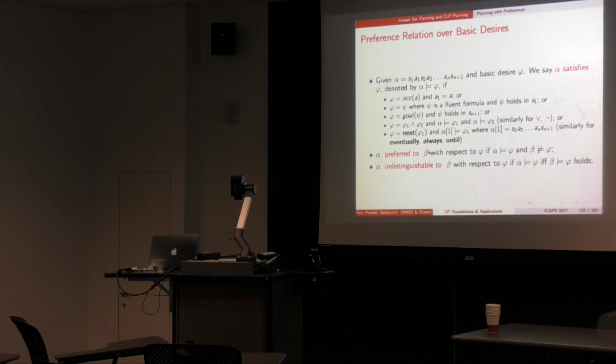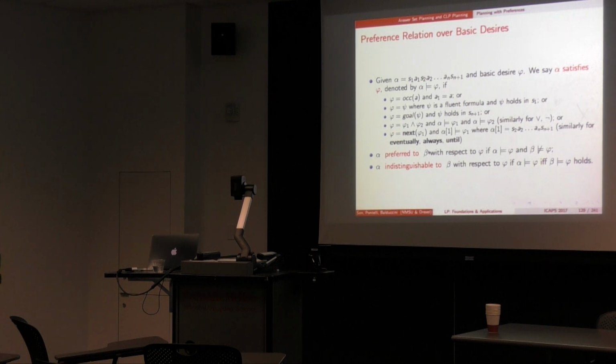Given a trajectory like this, and a formula phi, what does it mean for alpha to satisfy phi? We have to go over all these cases, and that is almost the same as with temporal logic. For example, if phi is next of this form, then we want phi to be satisfied at S2.